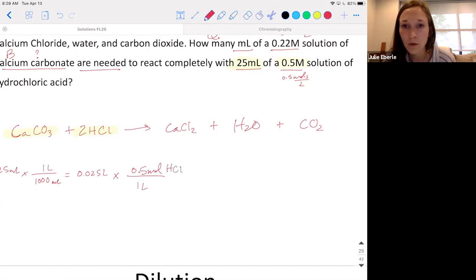I like to label, again, what compound. Particularly here because that will help me plug in my mole ratio correctly. So that was step 1. We used molarity of substance A and we converted, which is HCl in this case, from a volume to moles using molarity.